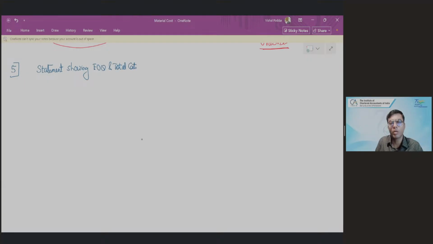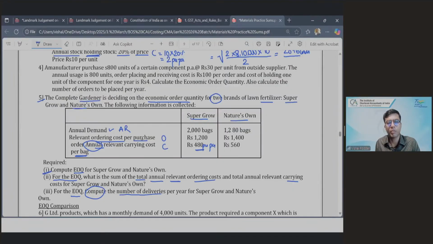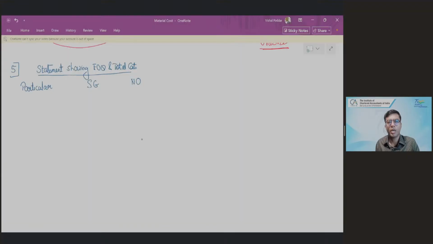Now see what heading has to be given. There is no rule. You can decide as per your choice. Give some suitable heading. Nature Zone in the second material. About the sub question numbers, here it is Roman 1, 2, 3. I should use the same. Now in the first question, they have asked you EOQ. So in the particulars, do mention the formula.